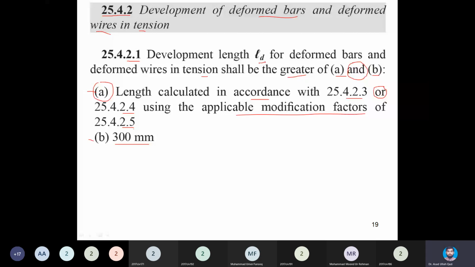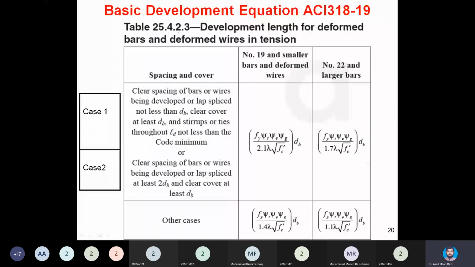Now first let's discuss 2.3. I copied this table directly from the ACI code, and it is the development length for deformed bars and wires in tension. Two columns are given. The first column describes LD for all bars number 19 and smaller, and the second column provides LD for all bars number 22 and larger.